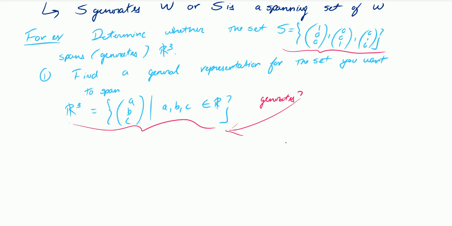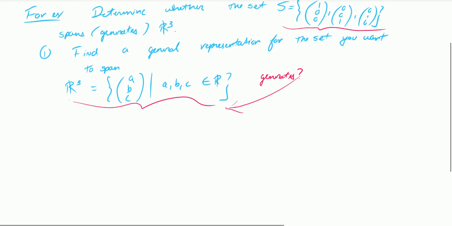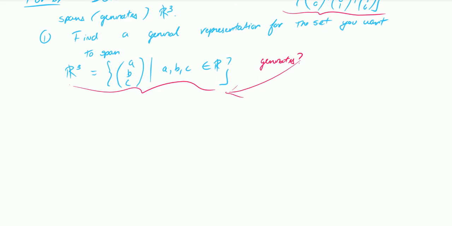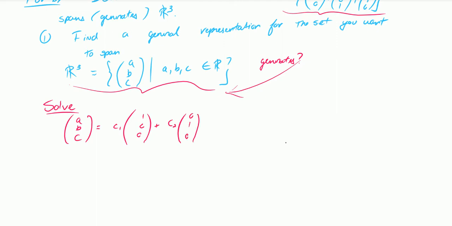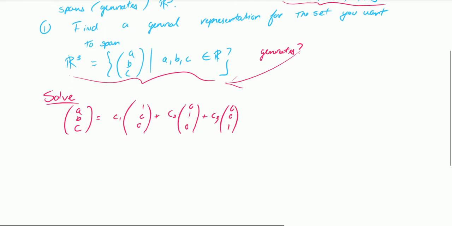generates R3, then this is basically asking you to solve the system (A, B, C) equals C1 (1, 0, 0) plus C2 (0, 1, 0) plus C3 (0, 0, 1), where C1, C2, C3 are scalars, C1, C2, C3 belong to the real numbers.